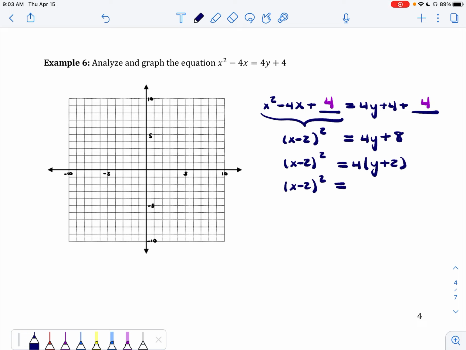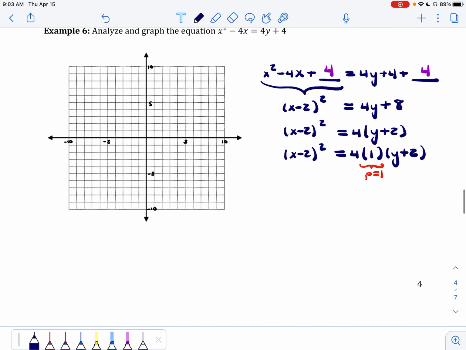So we'll have (x - 2)². And then we want to think, 4 times what would equal 4? Well, 4 times 1 equals 4. So our p value in this case is equal to 1.